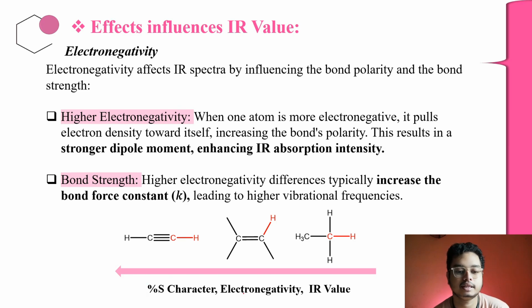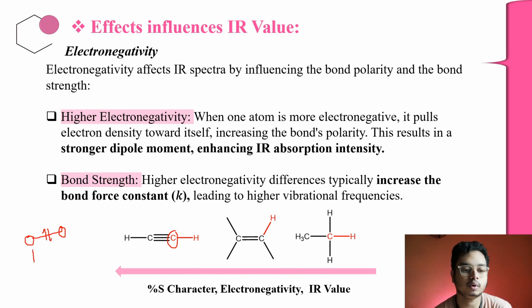For example, here is an acetylene part. This carbon has the most electronegativity, so the electron density between these two atoms is shifted towards here. Ideally, if there is a covalent bond, the electron density lies in between that bond.